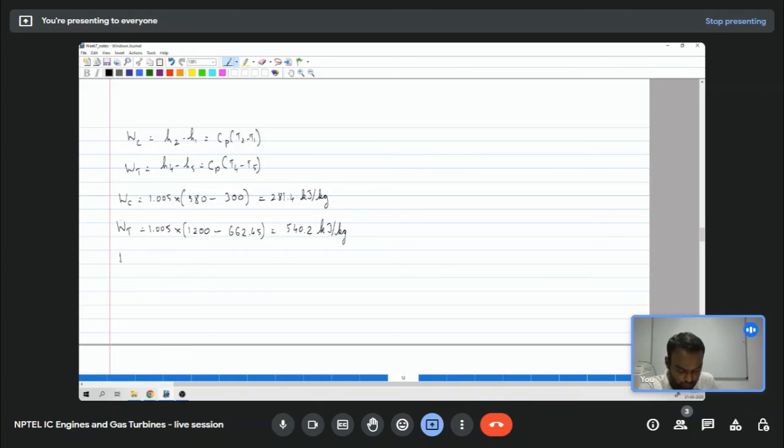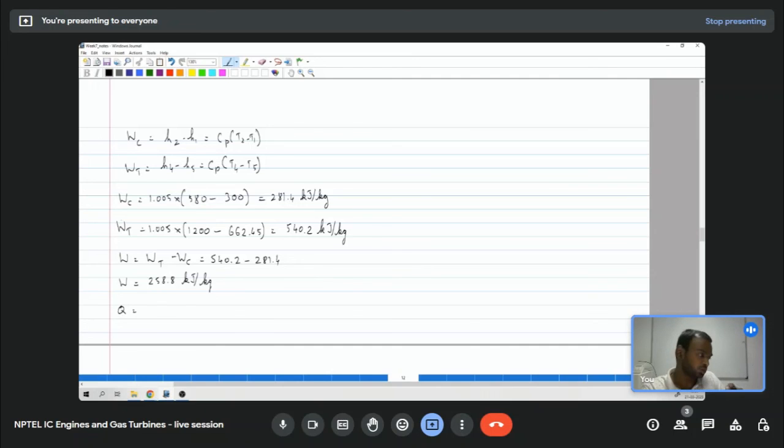Now we know the net work output, which is turbine work minus compressor work, 540.2 minus 281.4. This is 258.8 kilojoule per kg.